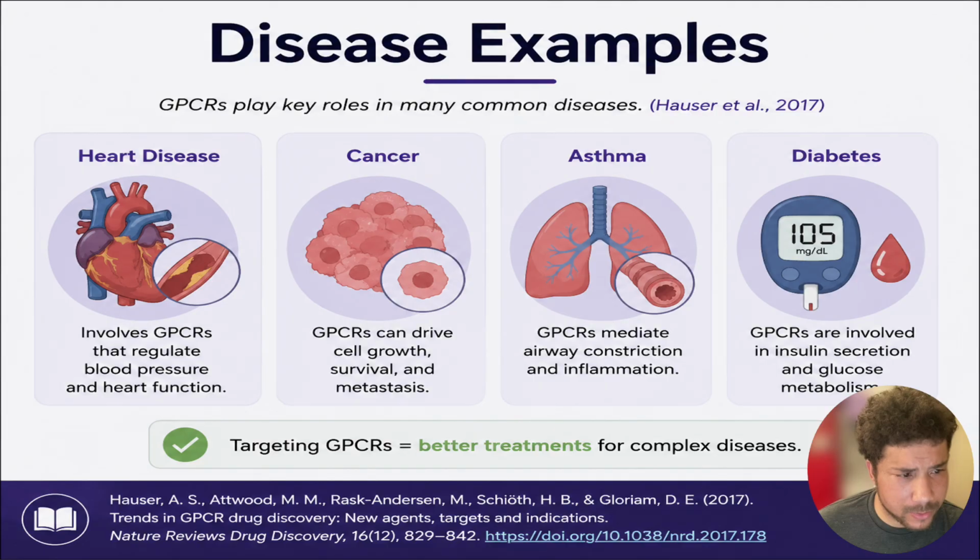The second example is cancer, where mutations or abnormal expression involving some GPCRs, G proteins, or downstream signaling components can promote excessive cell proliferation.